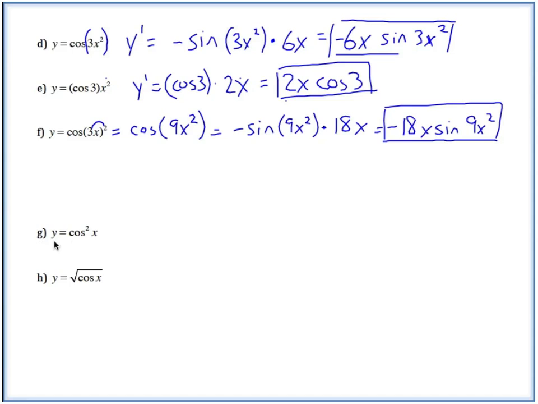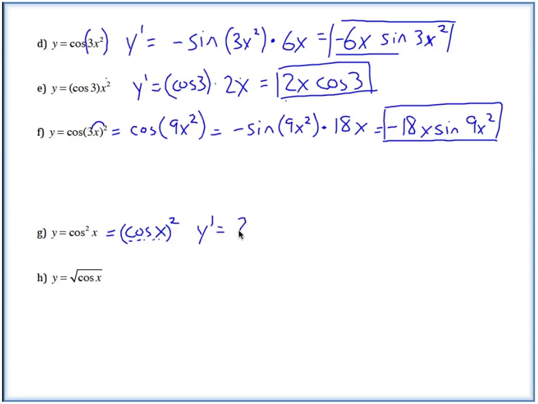Now in letter G, when we see cosine squared x, I'm going to encourage you to rewrite this as cosine of x, squared. Now you can see our chain rule is going to be, we have the inside function of cosine x, and we're going to use our general power rule here to find our derivative.